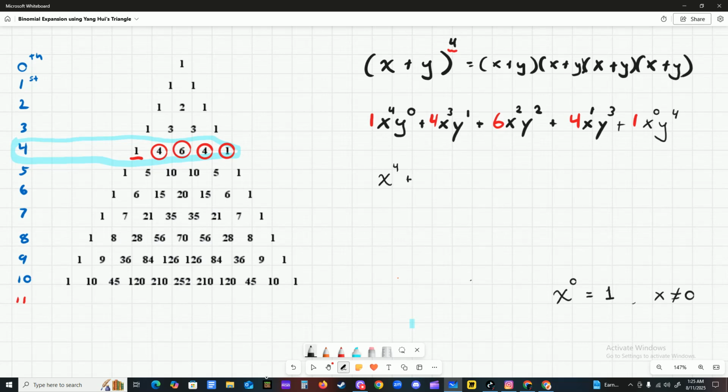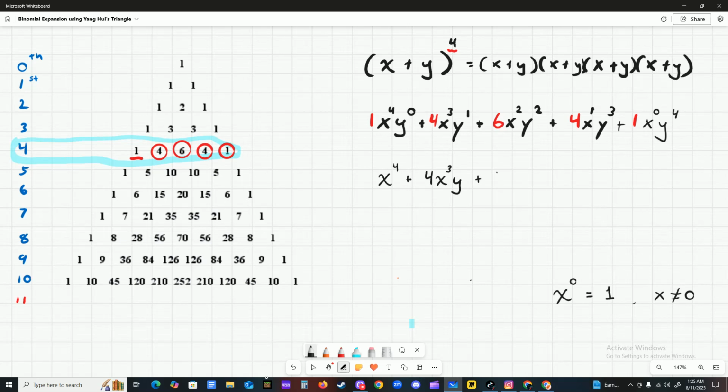Plus, now we can keep going. 4x cubed y. When the exponent is 1, you can just leave it as the term. So y to the first power is just equal to y.